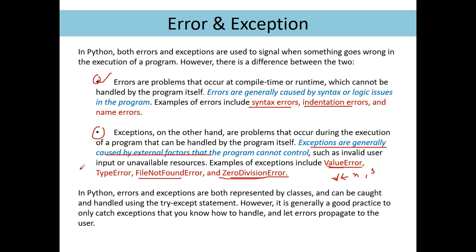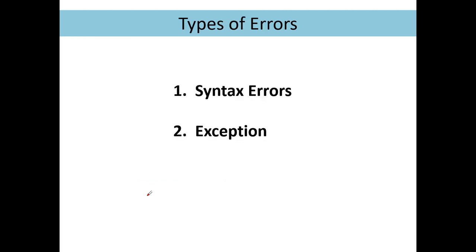There are many system defined exception classes in Python. A few of them we will discuss, but there is a list you can get from any web resource. So this is basically the difference between the error and the exception. In Python, the difference is very narrow between errors and exception.